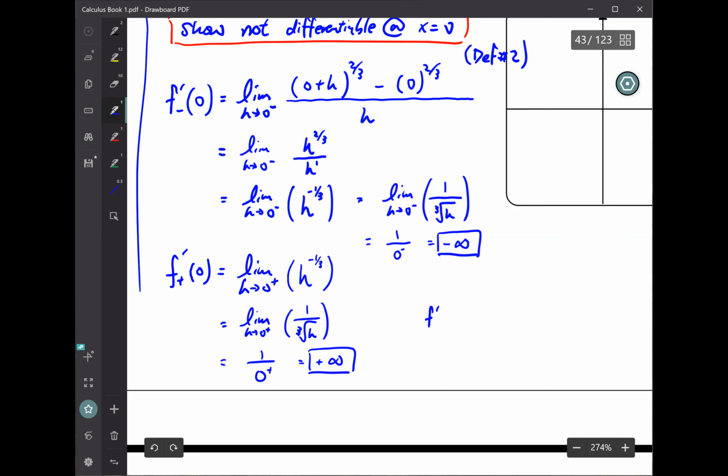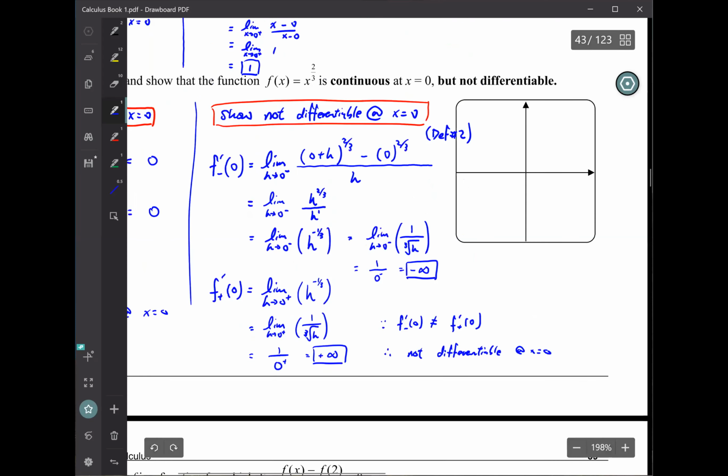We can write: because the left slope does not equal the right slope, therefore not differentiable at x equals 0.